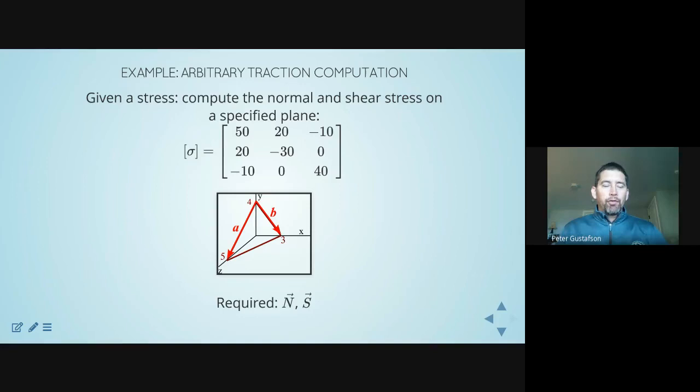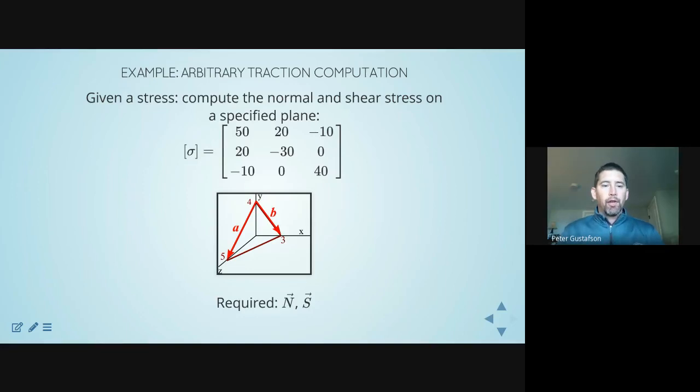We have a stress tensor that has multiple non-zero components, and we're looking at an arbitrary plane rather than a plane associated with a rotation about one of the principal axes. But you're going to find that this is just as easy as the last one. It's not going to be any more difficult, so we'll go through it fairly quickly.